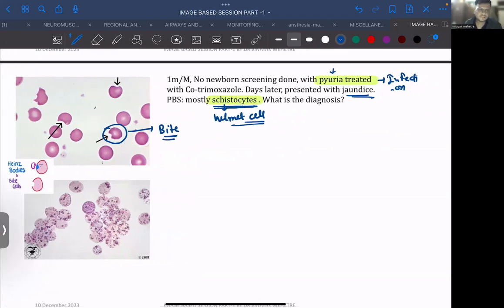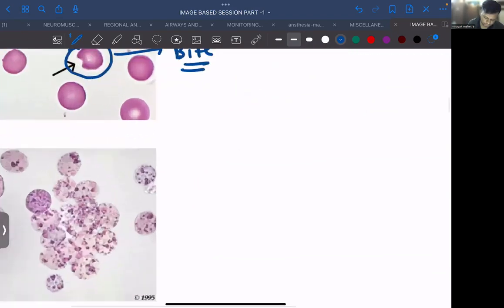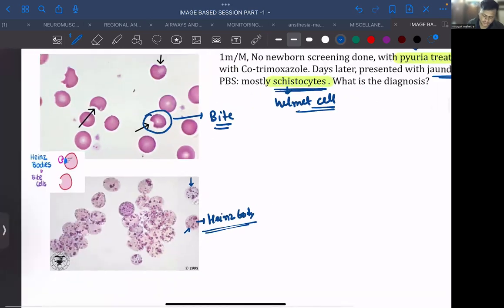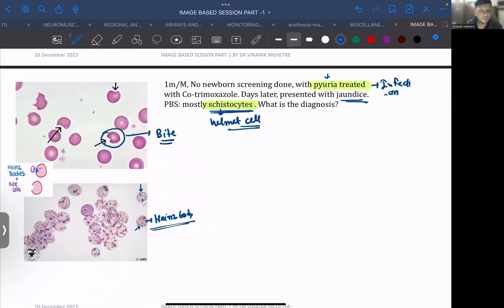G6PD deficiency. What happens in G6PD deficiency? Anybody? This is called as Heinz body. Heinz body क्या बोलेंगे हम इसे? Heinz body. Okay.